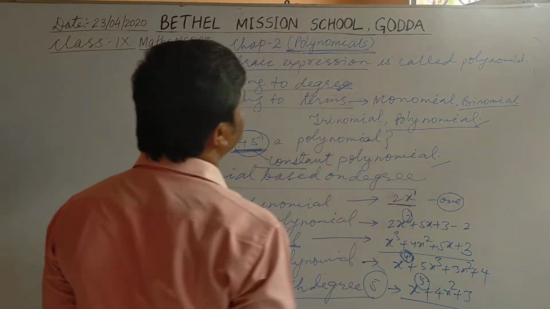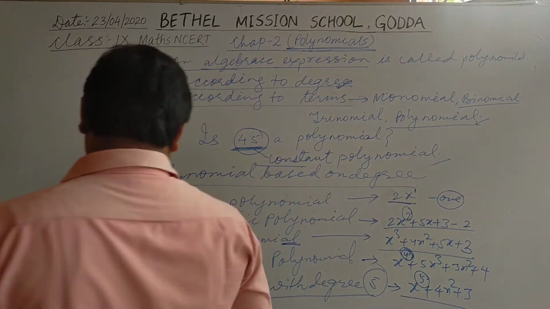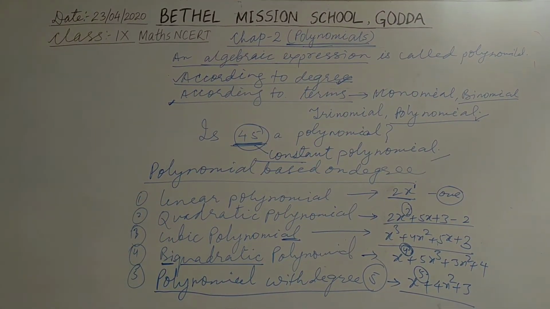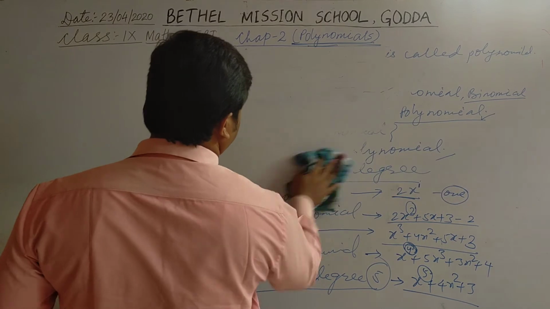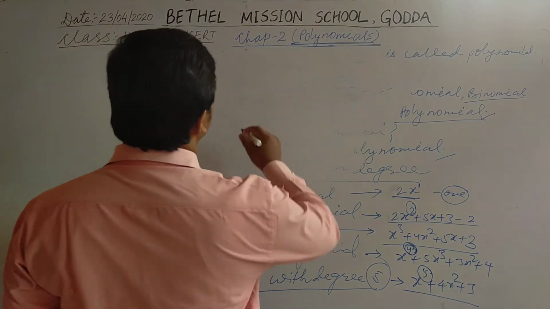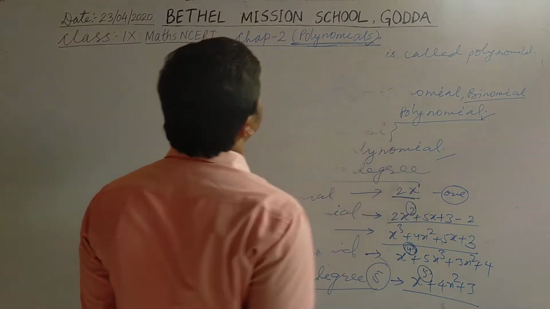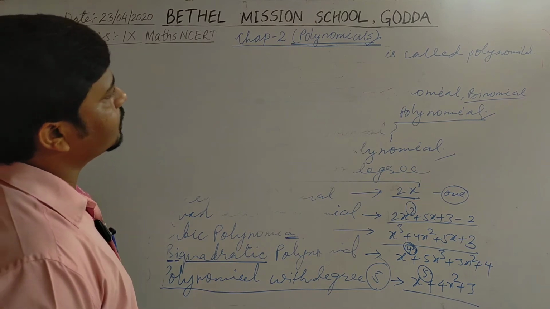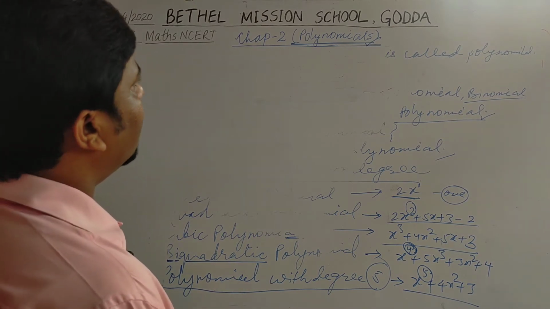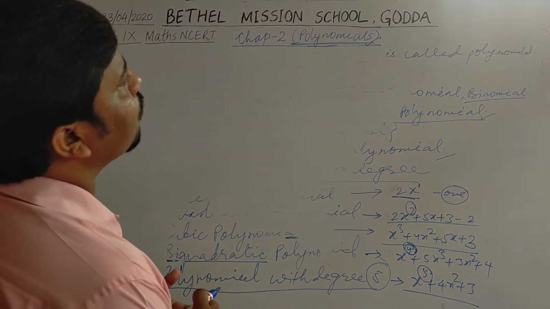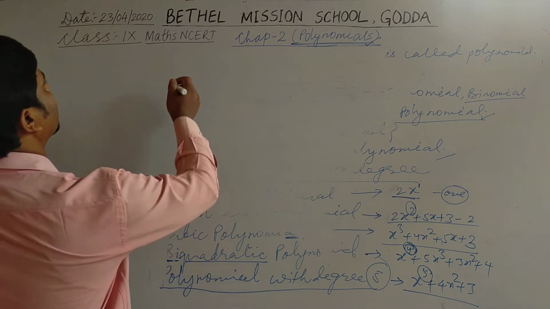Now how can you identify the given expression is a polynomial or not? For that, you have to understand one more definition of this word polynomial. An expression is called a polynomial which has non-integral and non-negative power.